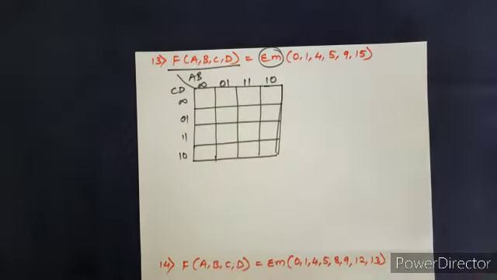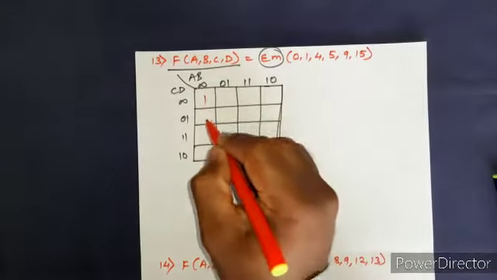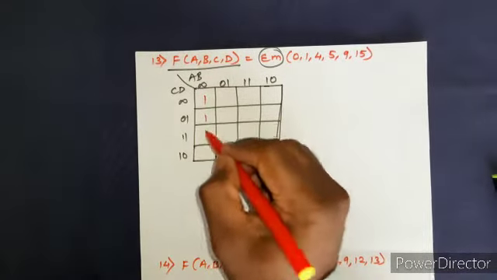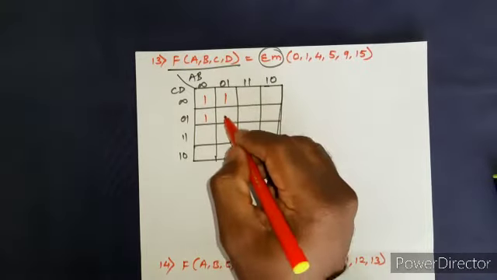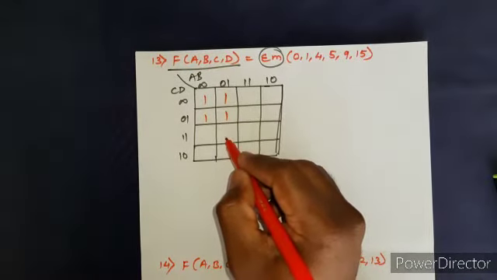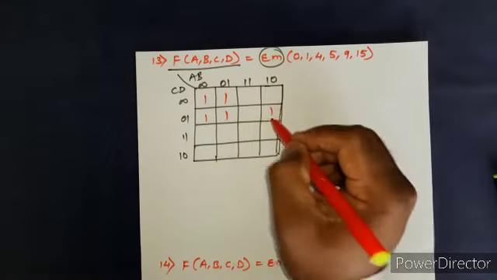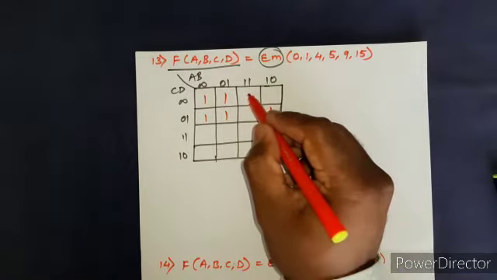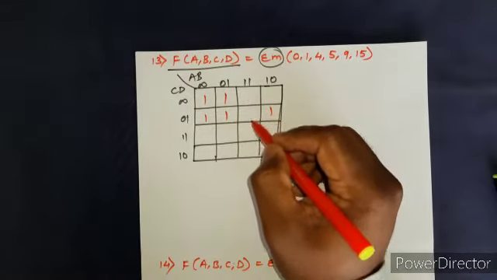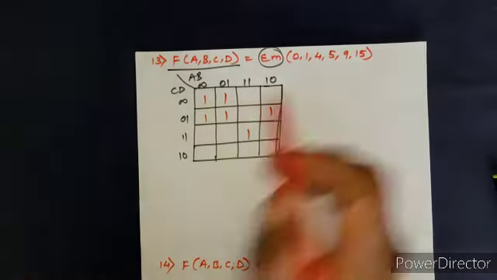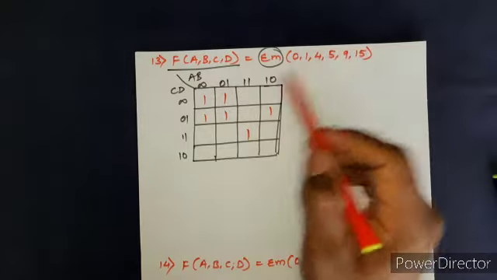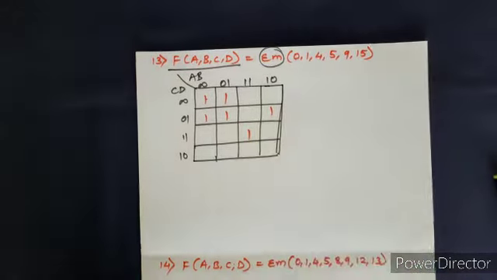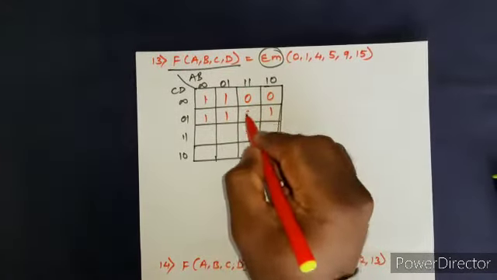Okay, so we have 0, 1, 2, 3, 0, 1, 2, 3, 4, 5, 6, 7, 8, 9, 10, 11, 12, 13, 14, 15. 1, 2, 3, 4, 5, 6. Okay, all others are 0.